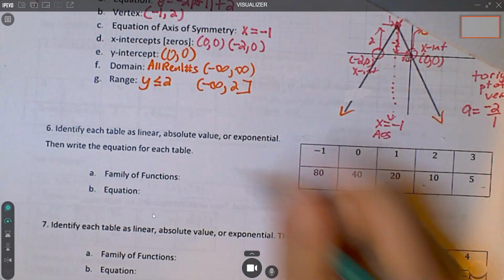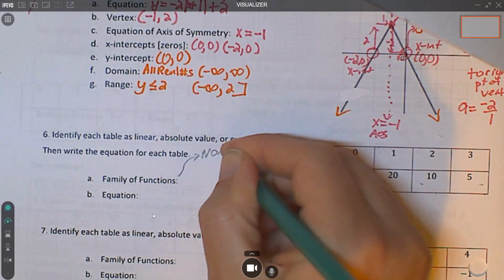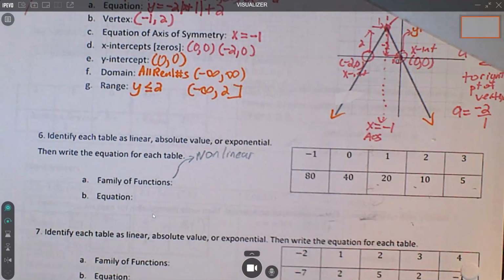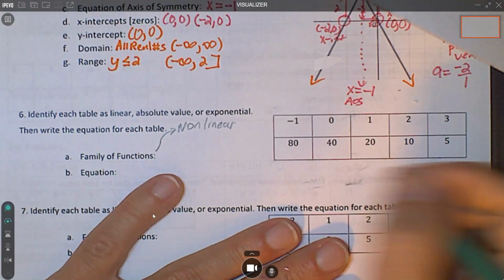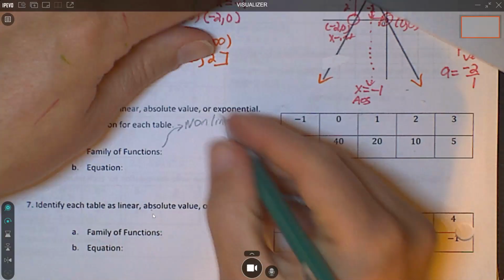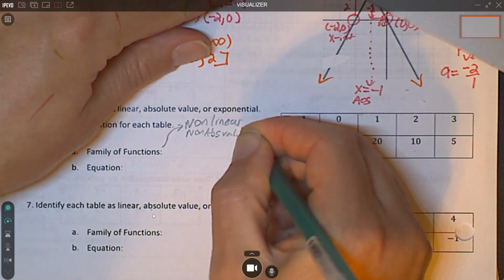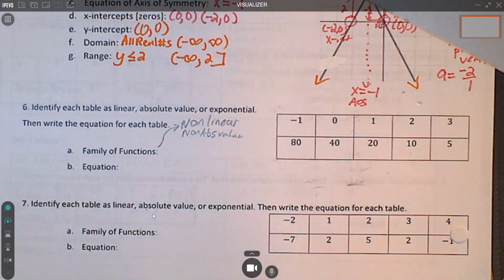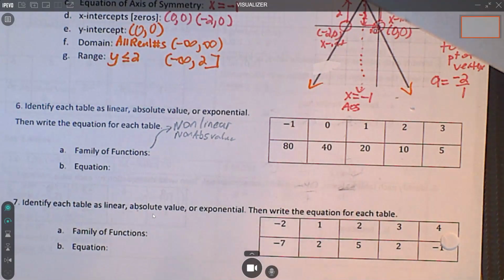Okay, so it's non-linear. And that wasn't a consistent slope. So this is non-absolute value because the change in y over x is not the same. Okay, so that leaves exponential.